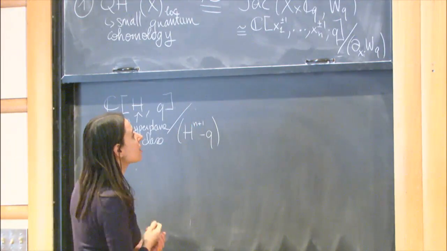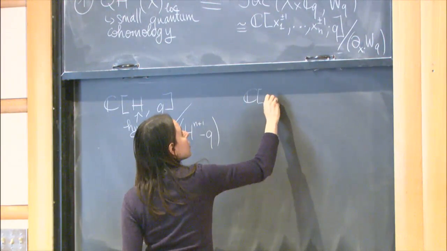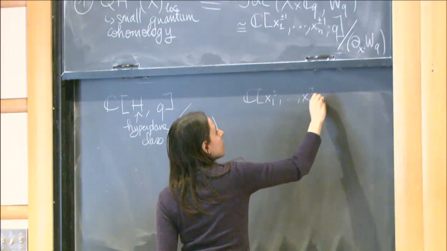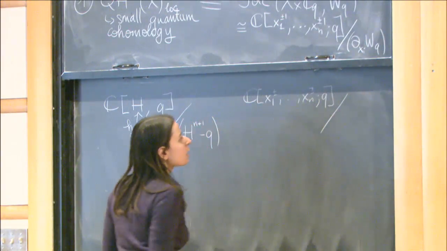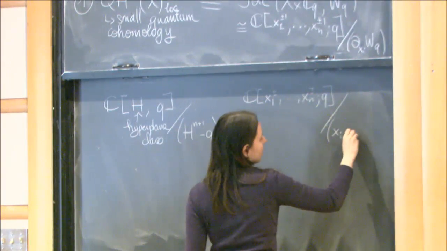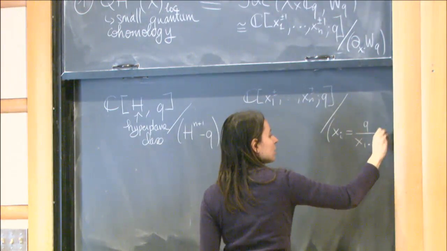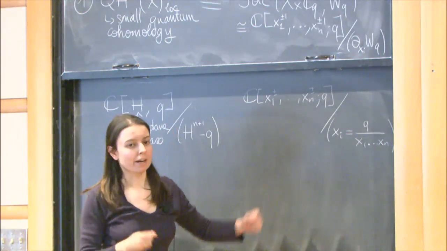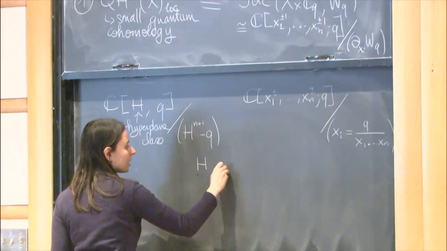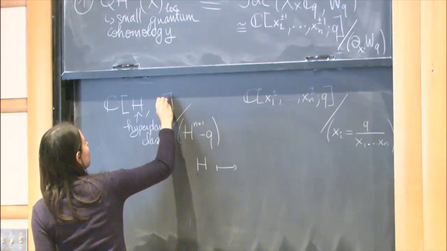And this Jacobi ring is the same as quotienting by the relation, saying that xi is equal to q over x1 times xn, for all i. And of course, I need to localize.